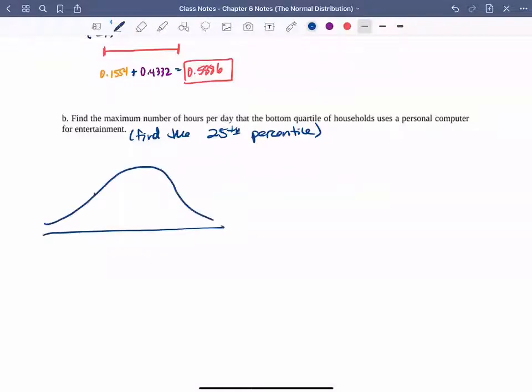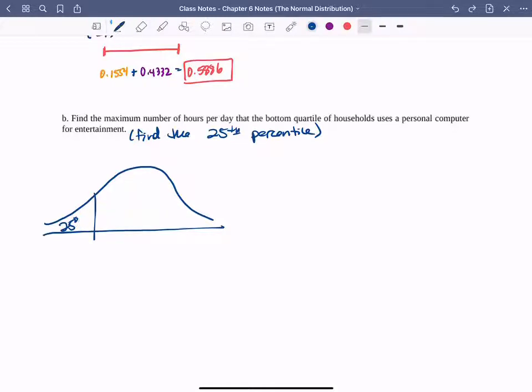How do we know that? Because if 25% lies here, then we're looking at the 75%, which is also over here, right? Because 75% lies there.